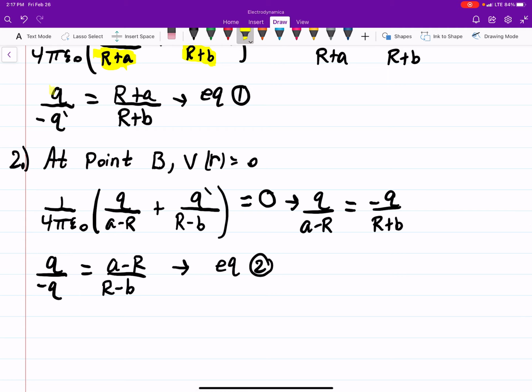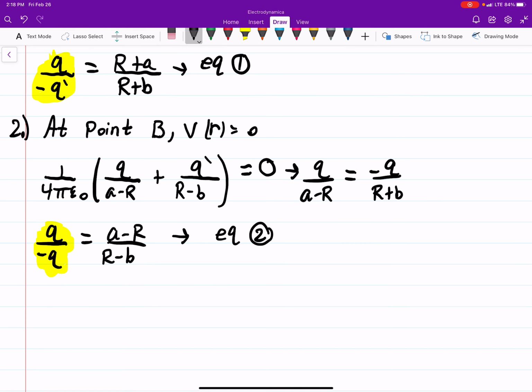But notice how the right-hand side for both of them is equal to our real charge divided by the negative of our imaginary charge. Well, that tells us that R plus A over R plus B should equal A minus R over R minus B, right?